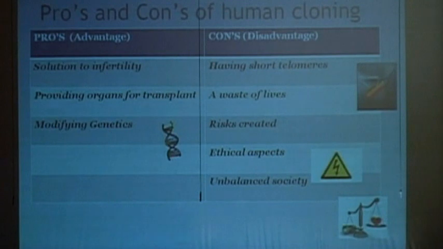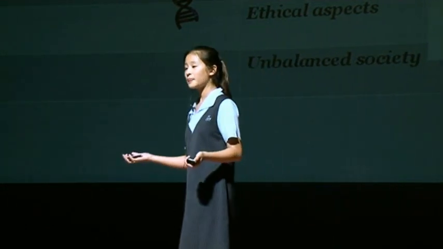And for last, it is an imbalanced society after we have human cloning. Imagine we have 10 million Einsteins who are way smarter than we are; we, with normal brains, might be discriminated.